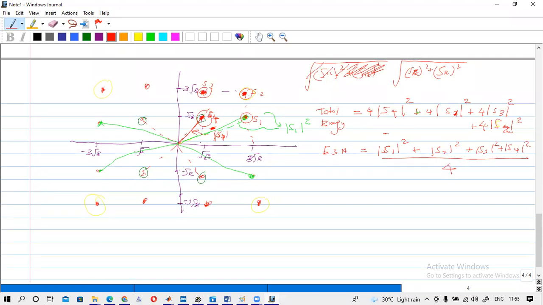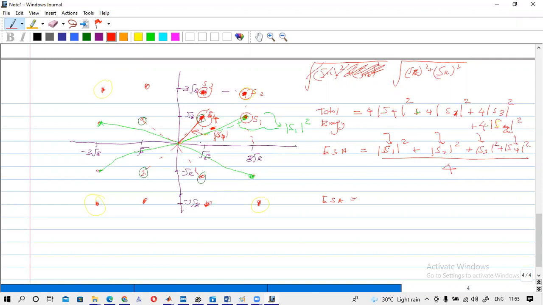So can you find this value? Very easily we can find it, no? Can anyone tell me what is the average symbol energy? Try to calculate.